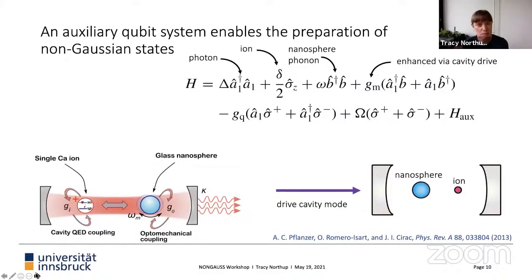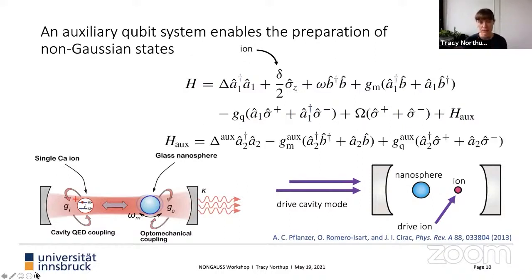And now also in this Hamiltonian, you have an ion. The ion is also going to couple to the cavity field, and it's going to couple not optomechanically, but as a two-level system. And we can also drive the ion separately with a laser. So now there are two purple arrows in this little sketch on the lower right-hand side that indicate these two different classical drive fields.